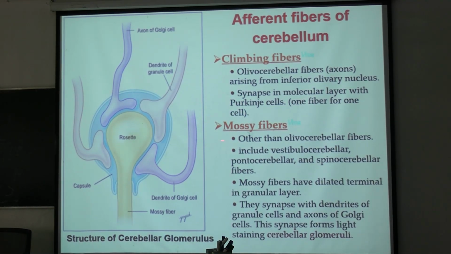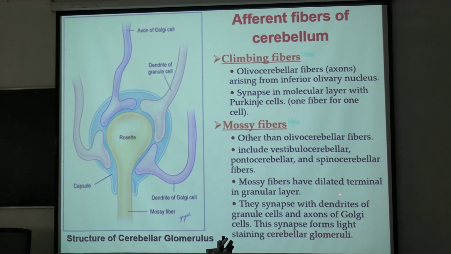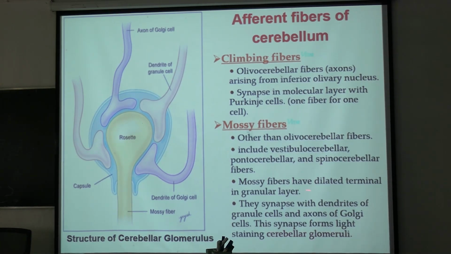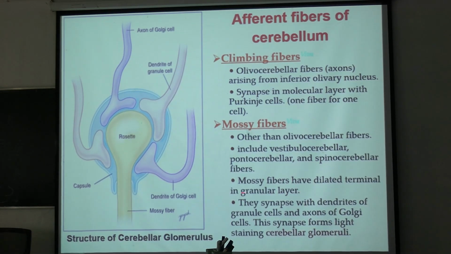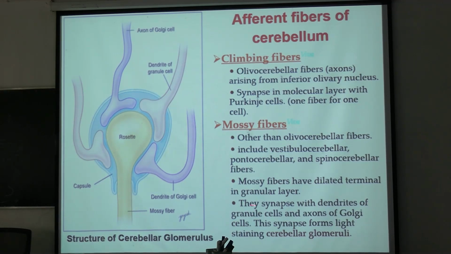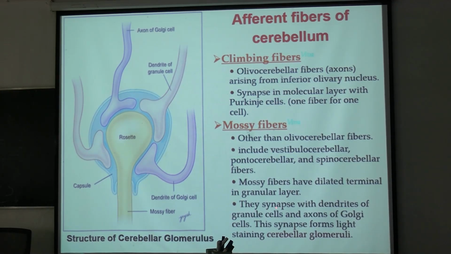Mossy fibers are other than olivocerebellar fibers, and they include the vestibulocerebellar, pontocerebellar, and spinocerebellar fibers. And mossy fibers have a dilated terminal in the granular layer, and they synapse with dendrites of the granule cells and axons of the Golgi cells, and this synapse forms the light staining cerebellar glomeruli. Okay, we have already discussed the glomeruli.